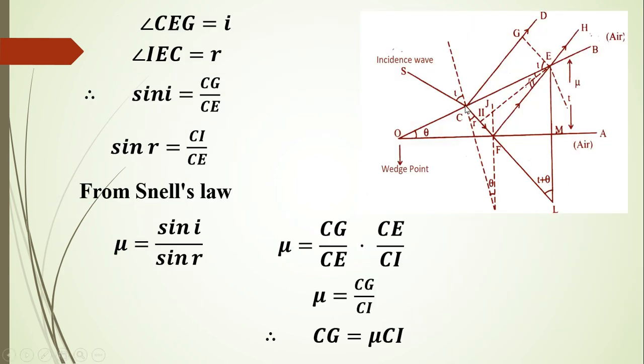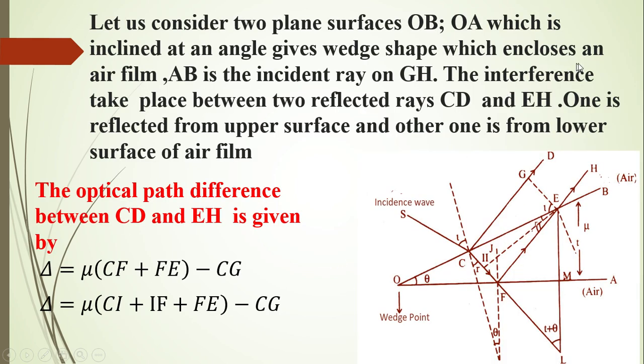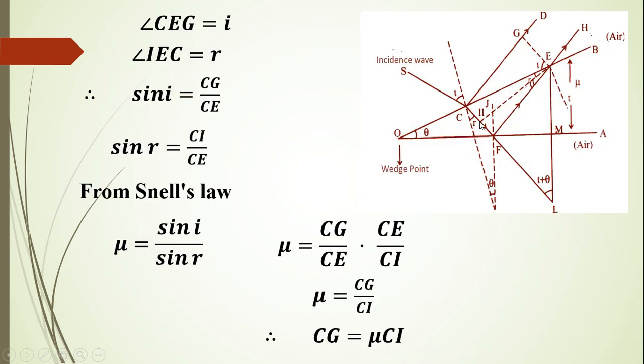Now angle CEG is angle i, and angle IEC, and angle R. To calculate the angle of incidence, sin i by triangle CEG: sin i is equal to perpendicular by hypotenuse, so the perpendicular is CG and the hypotenuse is EC.